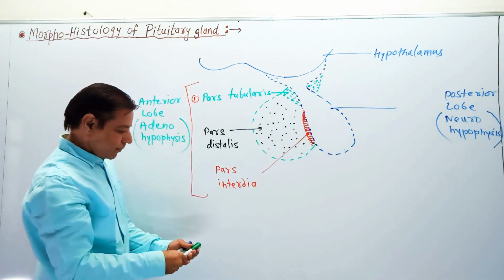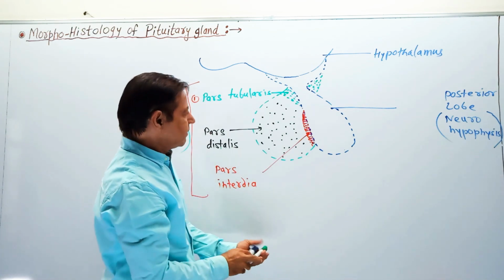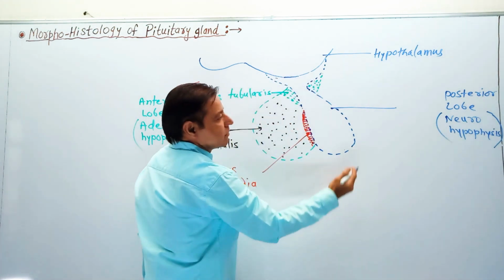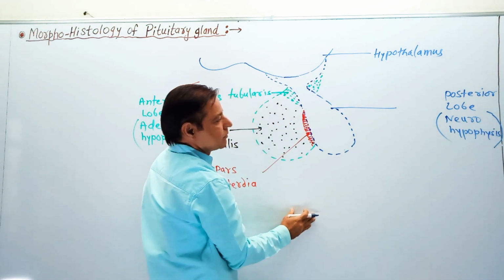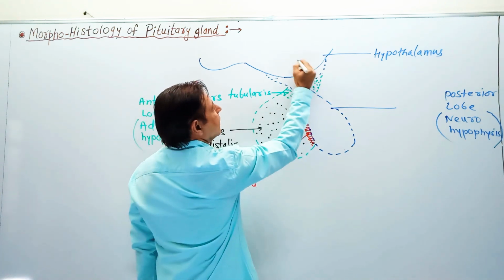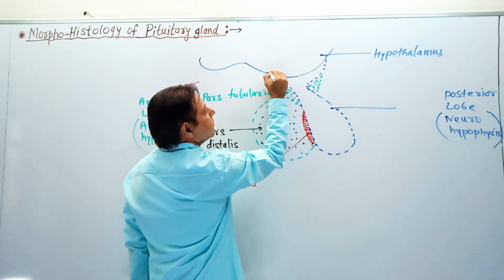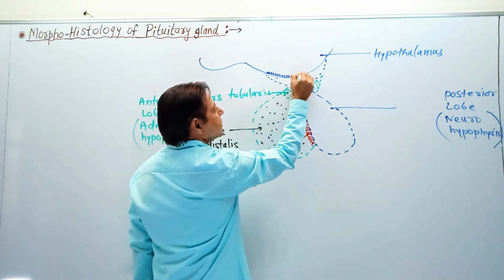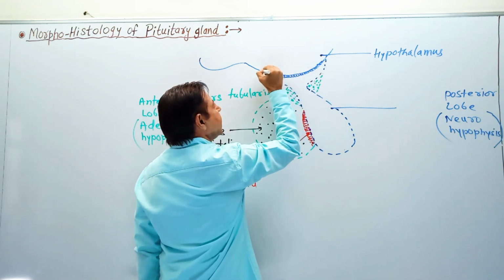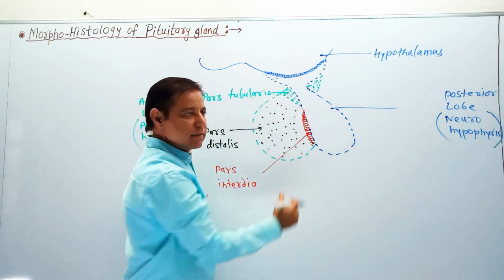Okay, now about the posterior part of the pituitary. Here, posterior part of pituitary is called neurohypophysis, and it has three parts. This is the lower portion of hypothalamus, to which the pituitary gland attaches from ventral side, from lower side.